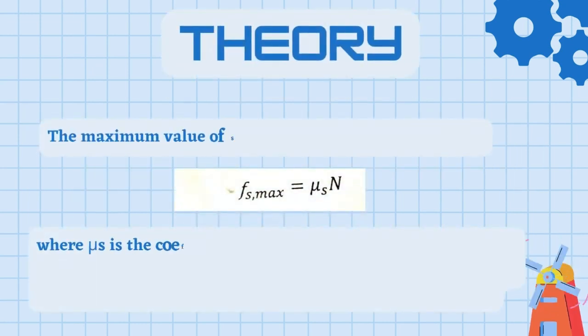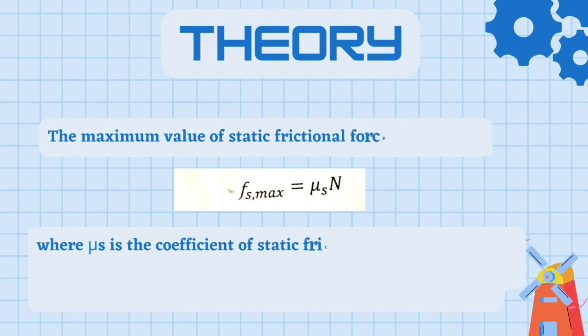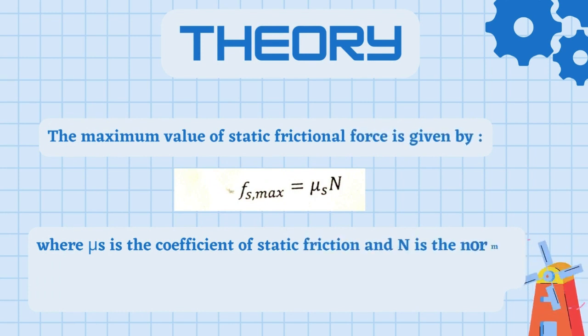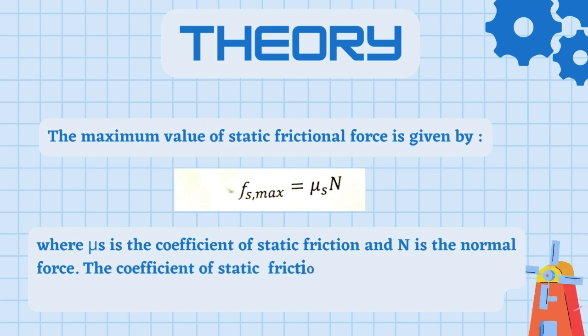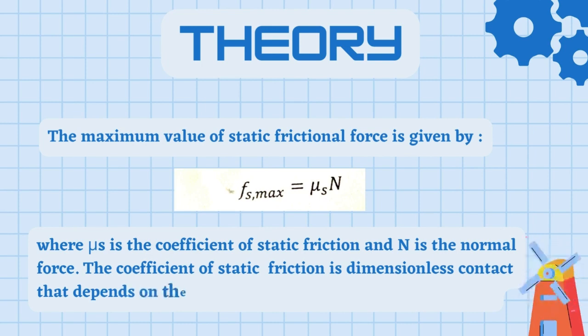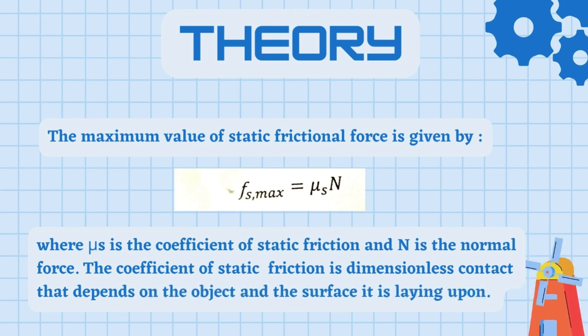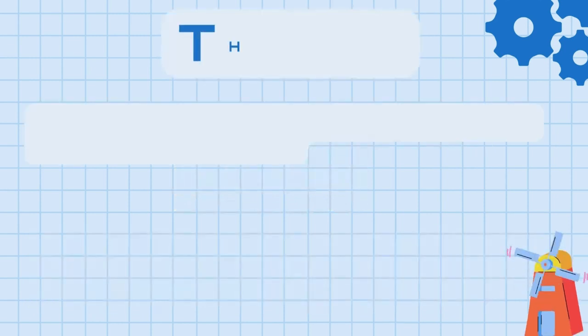The maximum value of static frictional force is given by Fs max equal to mu s N, where mu s is the coefficient of static friction and N is the normal force. The coefficient of static friction is a dimensionless constant that depends on the object and the surface it is lying upon.